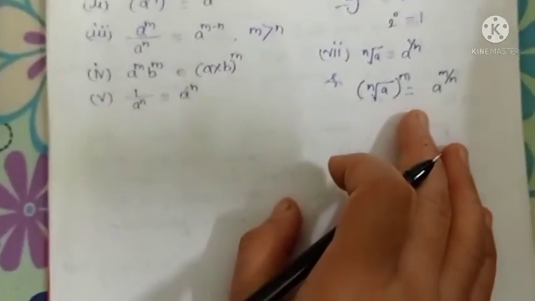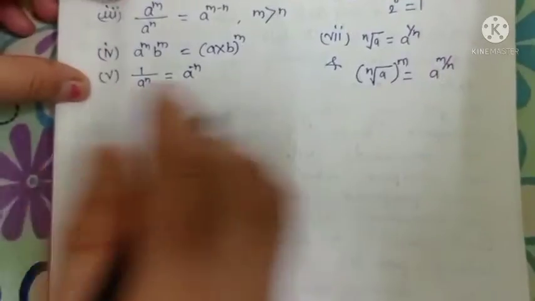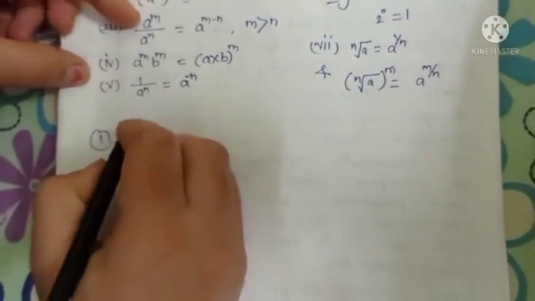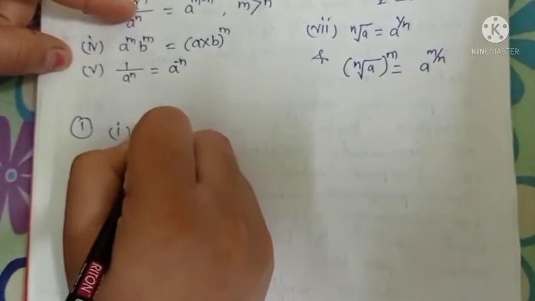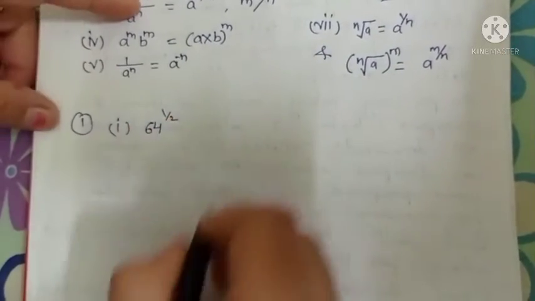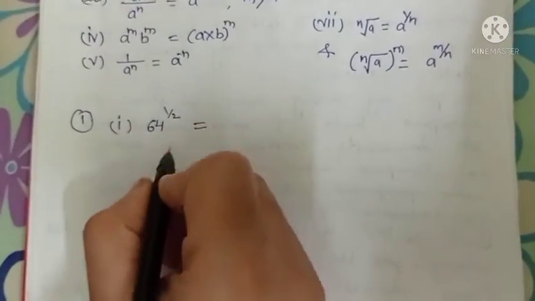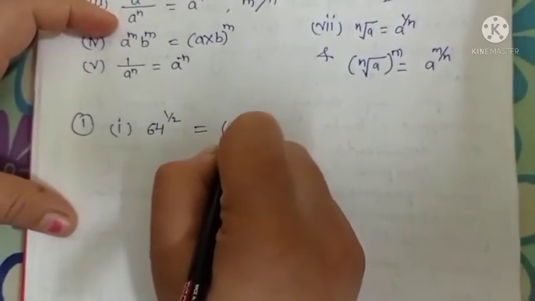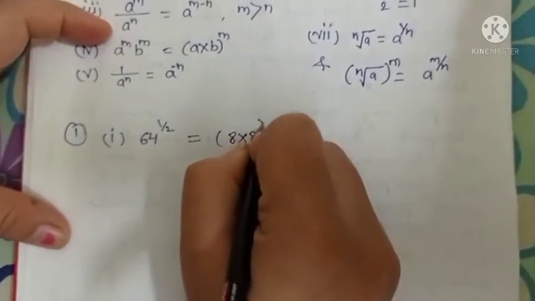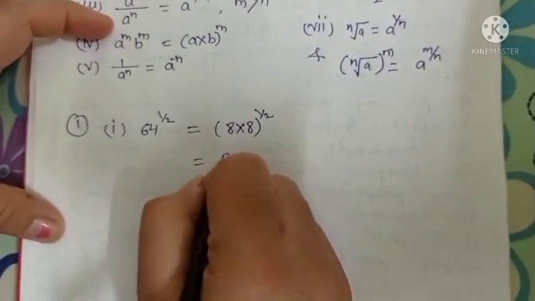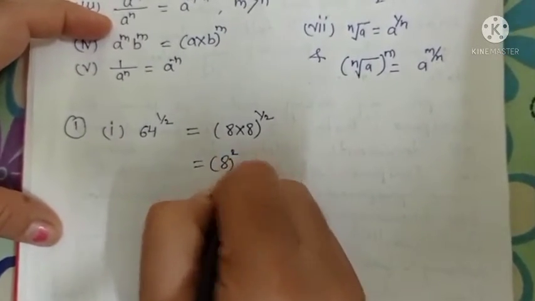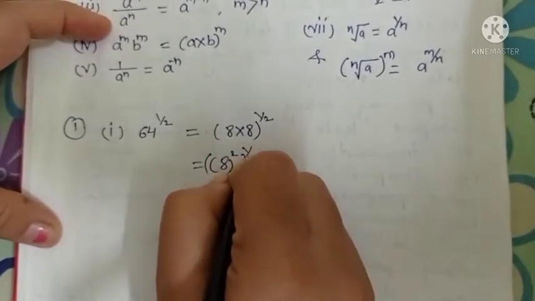Now come to the exercise 1.6. The first question of this is find 64 power 1 upon 2, and we know that 64 is the square of 8, so we can write it 8 into 8, to power 1 upon 2, and we can also write it 8 square to power 1 upon 2.